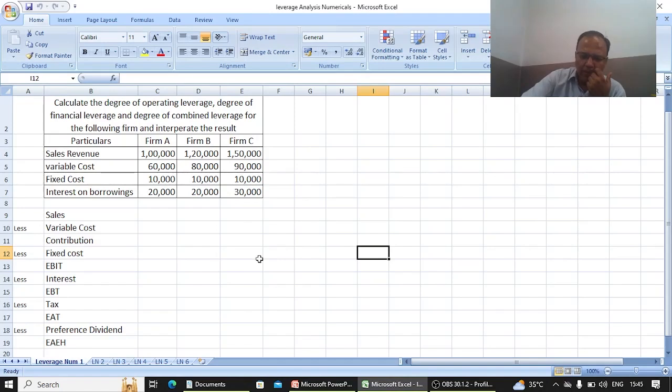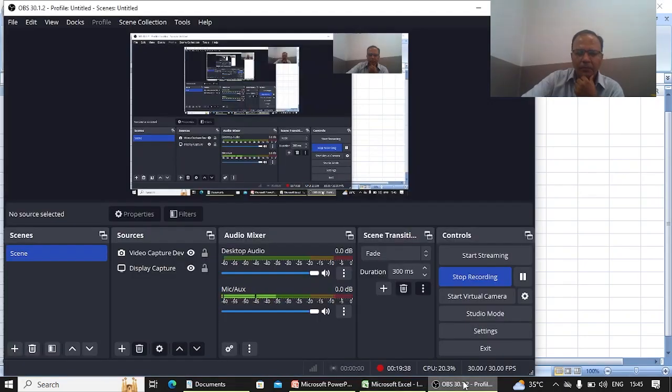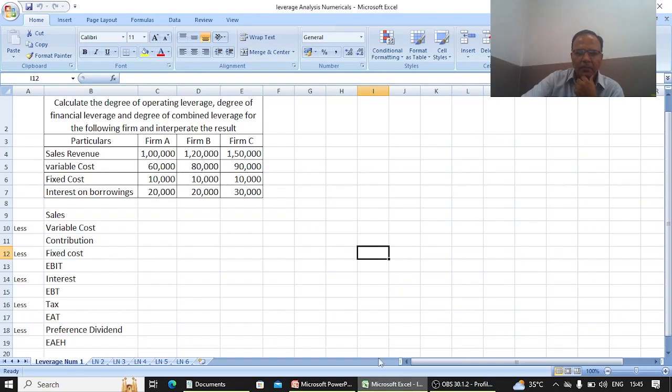This is the numerical problem. Calculate the degree of operating leverage, degree of financial leverage, and degree of combined leverage for the following firm and interpret the result.